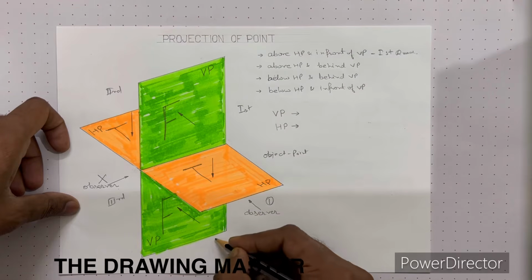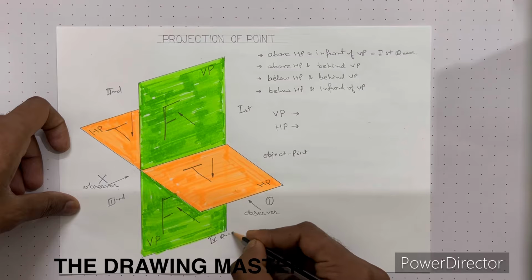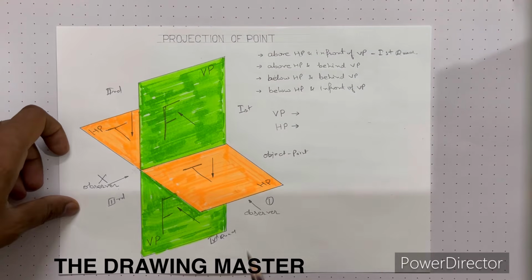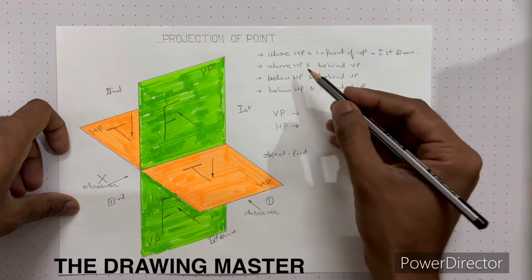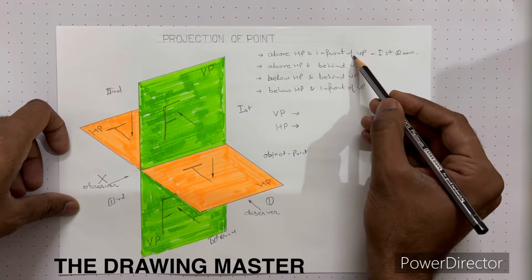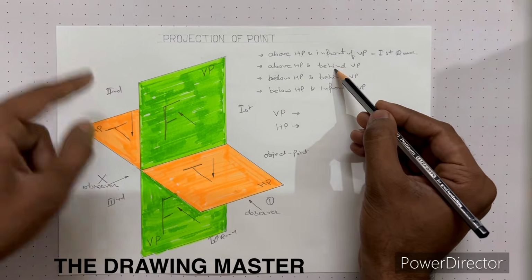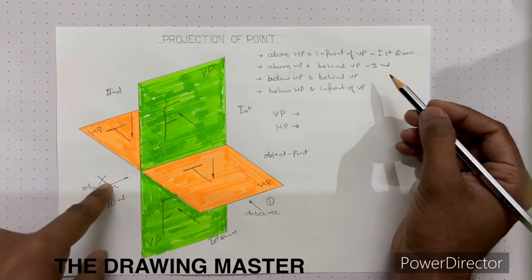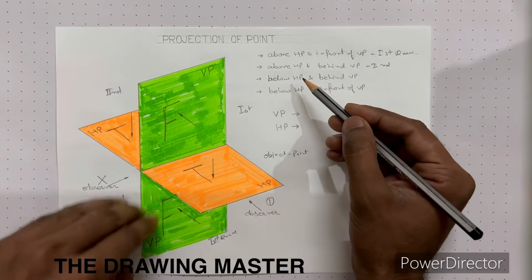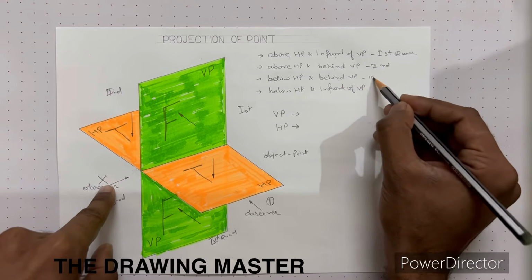So here is the fourth quadrant. Below HP and in front of VP. So these are the four quadrants. Above HP, in front of VP first. Above HP, behind VP, this one is second. Below HP and behind VP is third quadrant.